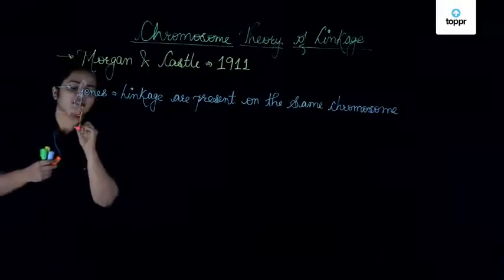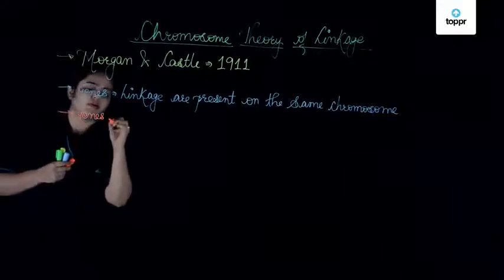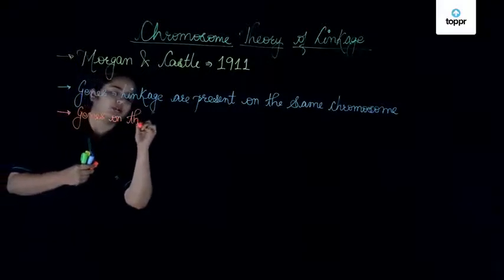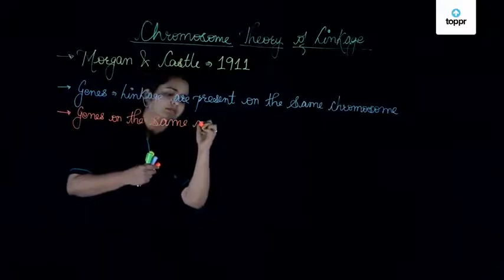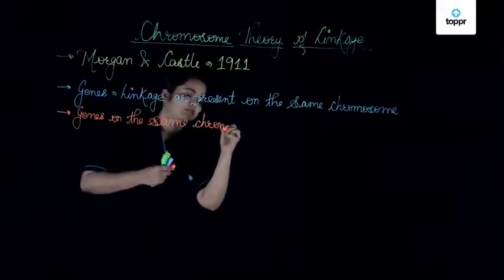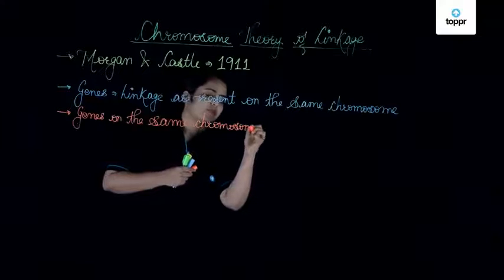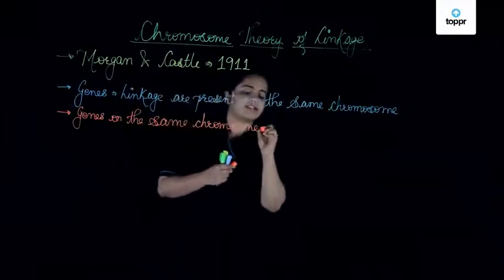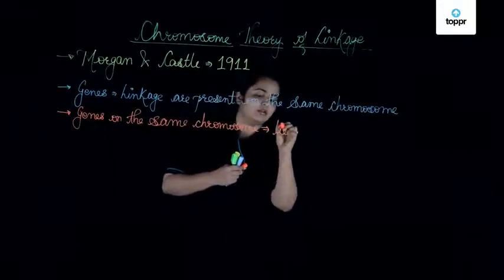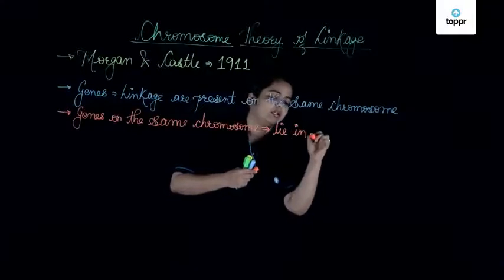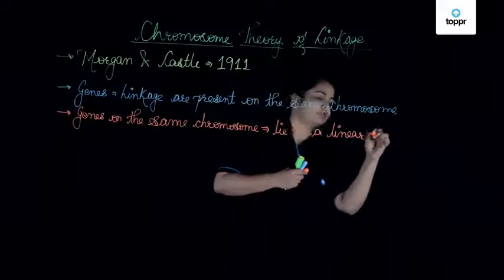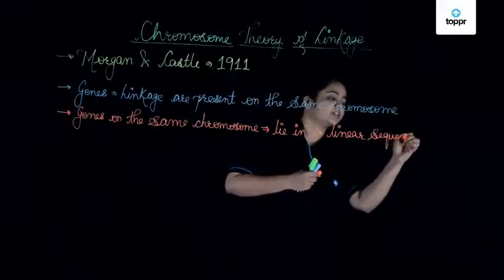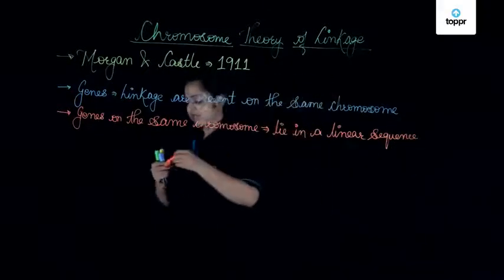So genes on the same chromosome which show linkage will lie in a linear sequence. Linear sequence means one after the other, correct?